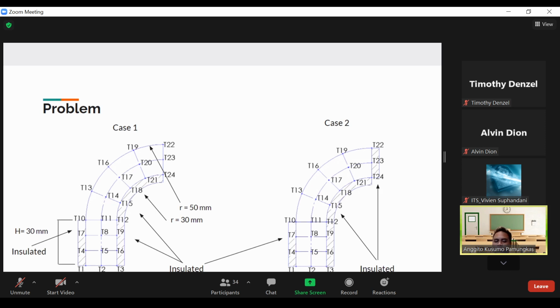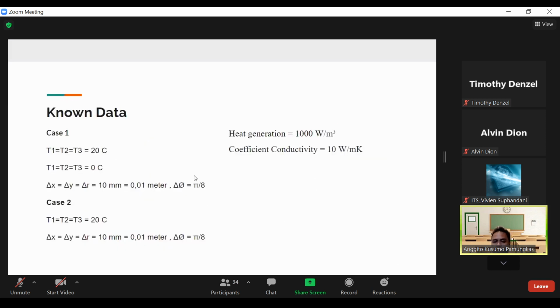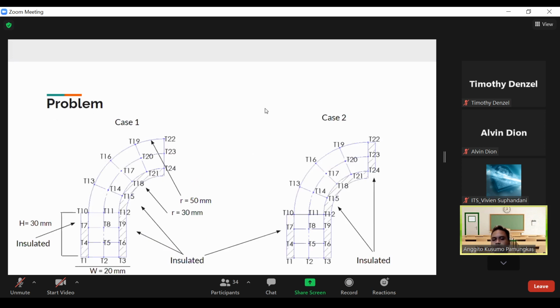It has two subdomains in this case. First is the rectangular one, and the second is the cylindrical one. It has different control surfaces. In case one, we have insulation on the inner side of the cylindrical and the inner side of the rectangular, and then the outside of the rectangular.